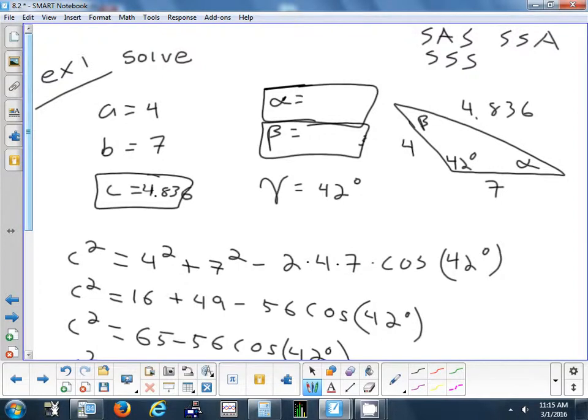Now these first two would be law of cosines. What would this side, side, angle be? It would be law of sines, but what don't we like about this case? One of the answers that you got. Oh, no. You can have one. Yeah, this is what we call the ambiguous case. It's where you could have 0, 1, or 2 solutions. So if we want to do this as law of sines, we'd have to worry about all that stuff.